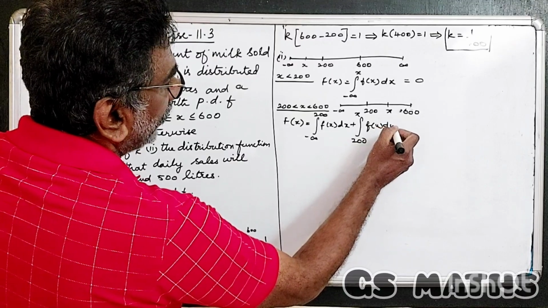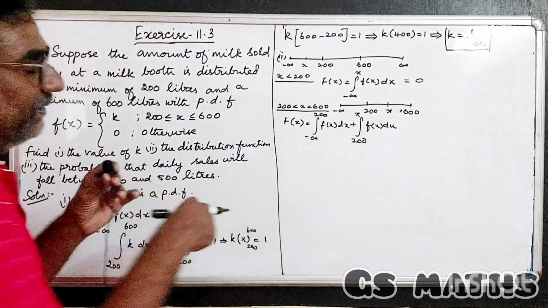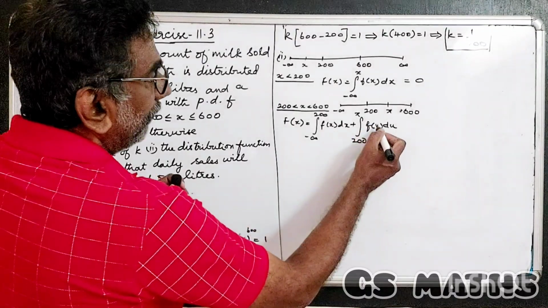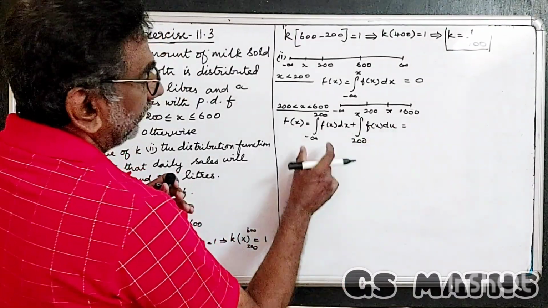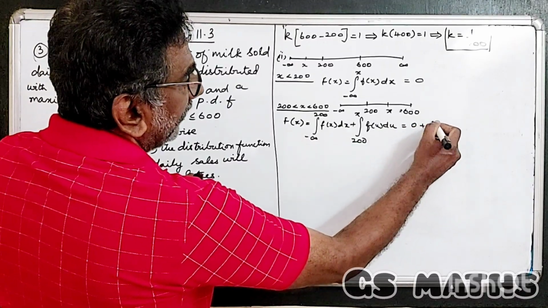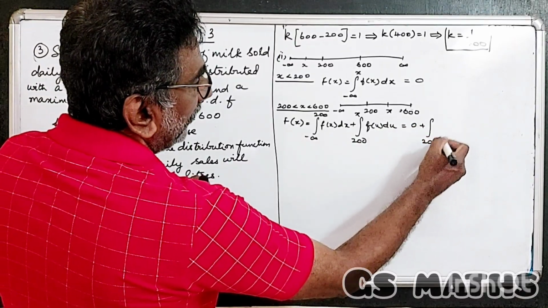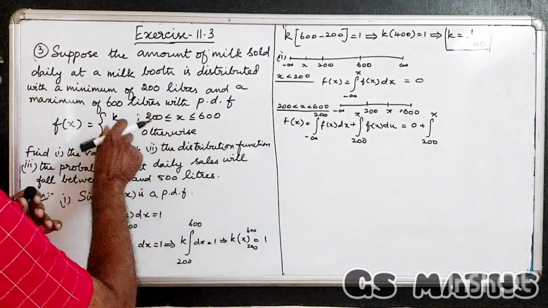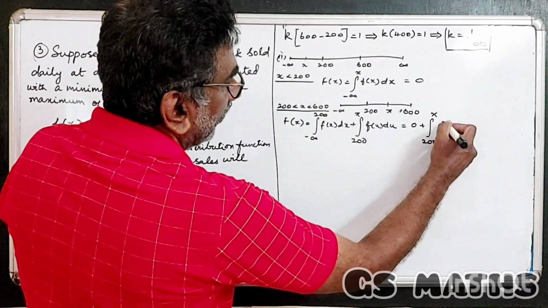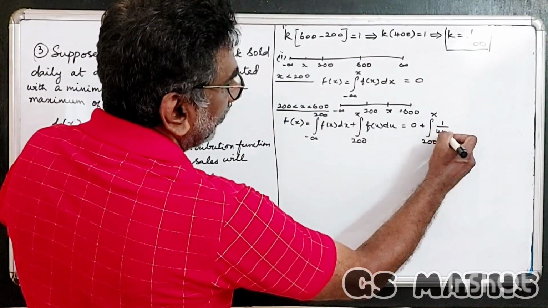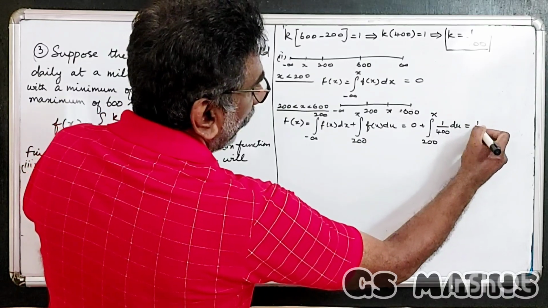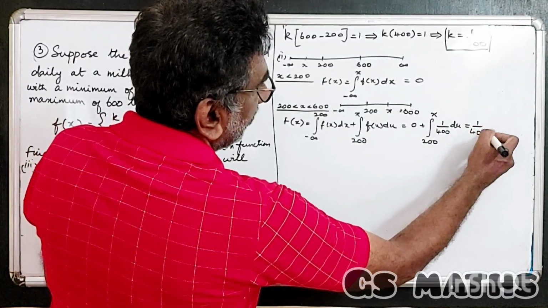I have used f of u du only to distinguish the variable from the limit x; it is not wrong if you use x as the variable. In this interval f of x is 0 plus integral 200 to x. What is the function here? Simply k. What is k? k is 1 by 400. So this is 1 by 400 into du, where 1 by 400 is a constant.